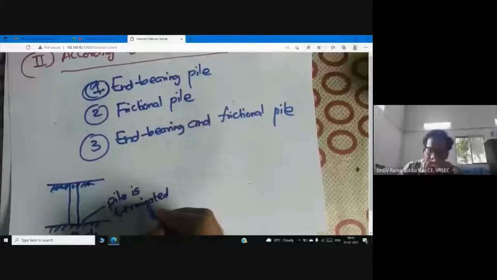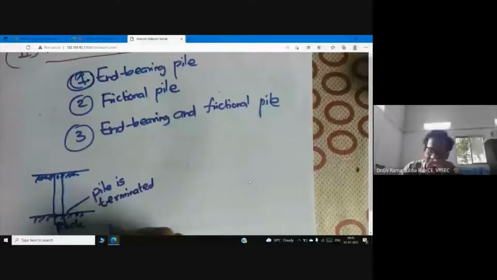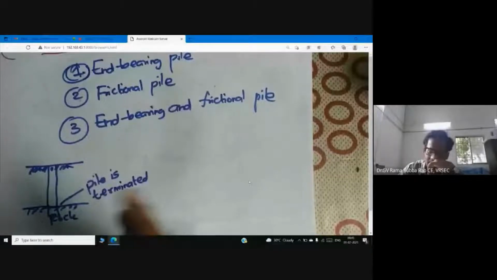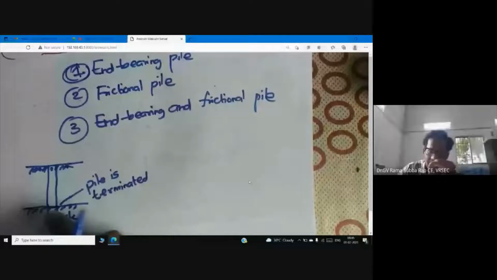Many times for bridges, I used to tell you, 3 times the diameter is socketed in rock. This was done for many structures. One can understand socketing: reinforcing bars are placed in the rock, and the gap is filled with grout. So now you see the pile is terminated in hard soil like rock.